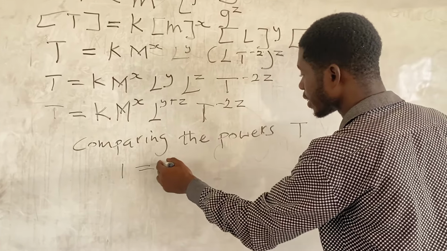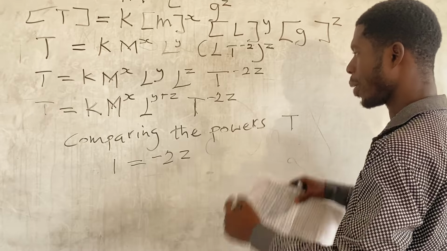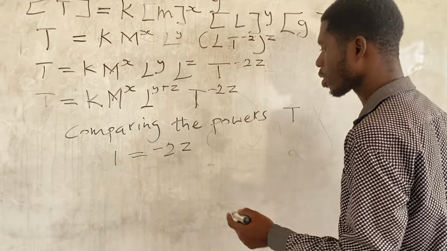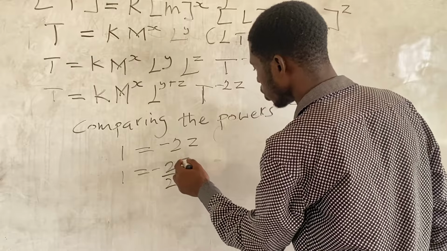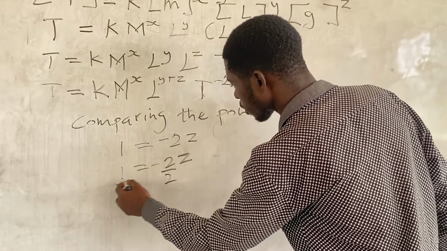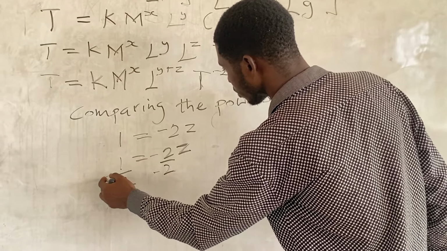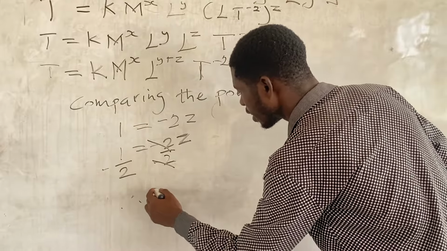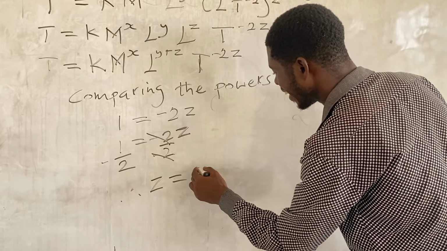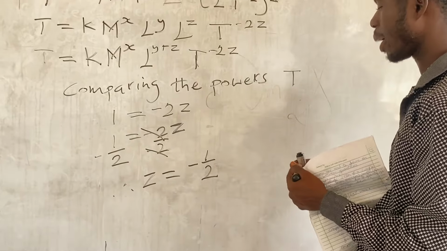You are comparing the powers of T. So now 1 equals negative 2Z, divide by negative 2, because we want to find Z. So you can see that now Z is equal to negative 1 over 2.